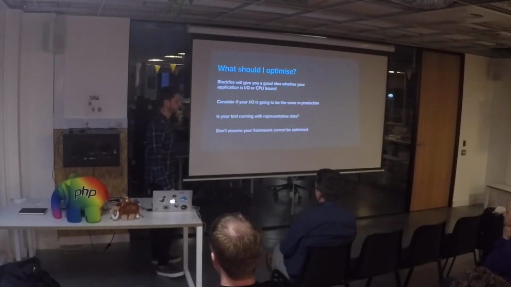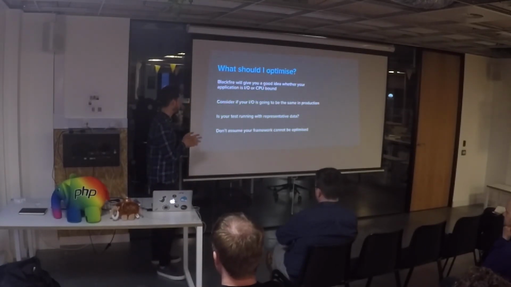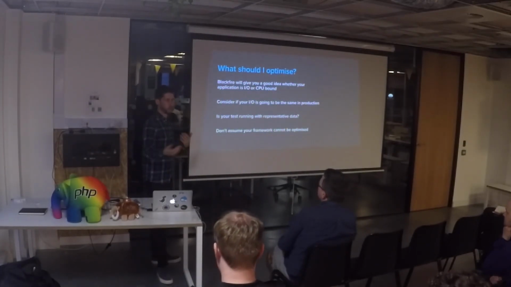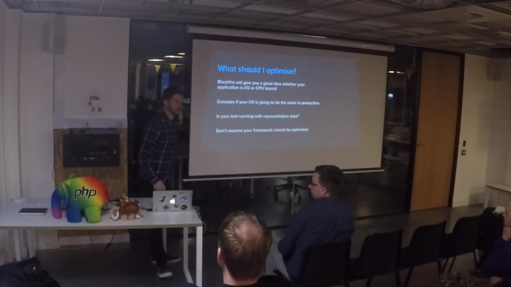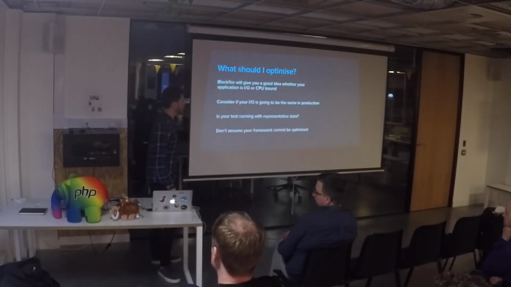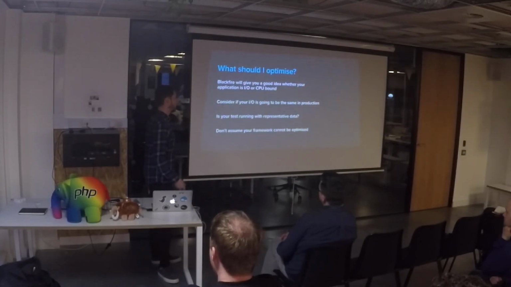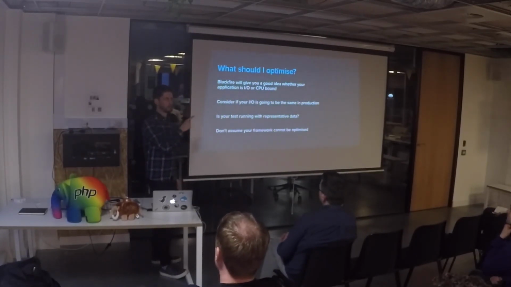And then the last thing that I'd say is, don't assume your framework cannot be optimized. If we're using something like Doctrine, we may assume, well, it's Doctrine, we can't really do too much with it. We just want to get something out, let it hydrate everything. But then you might think, well, actually, do I need to hydrate everything? Can we do lazy loading? These are the kinds of things that you might see in those call graphs and think, I don't understand what that function is.